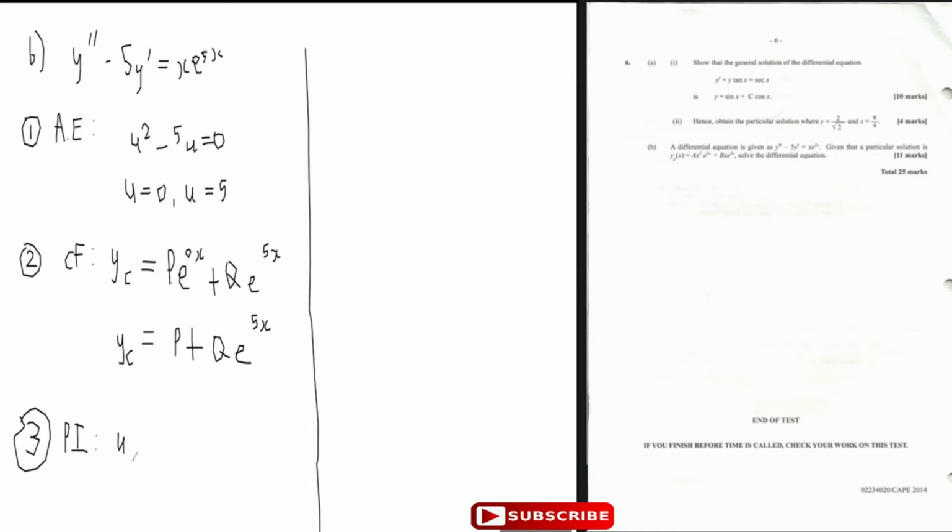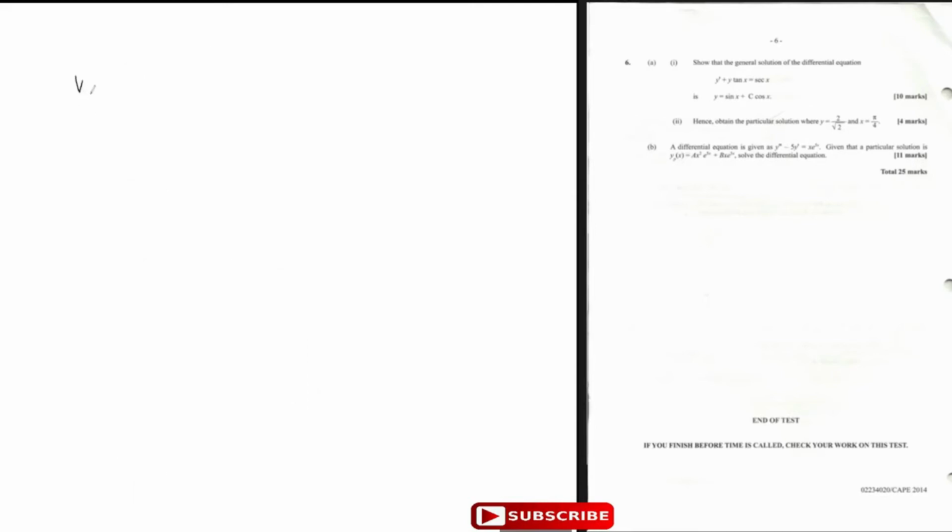Since they gave us yp, they said that yp is equal to ax squared e to the 5x plus bx e to the 5x.